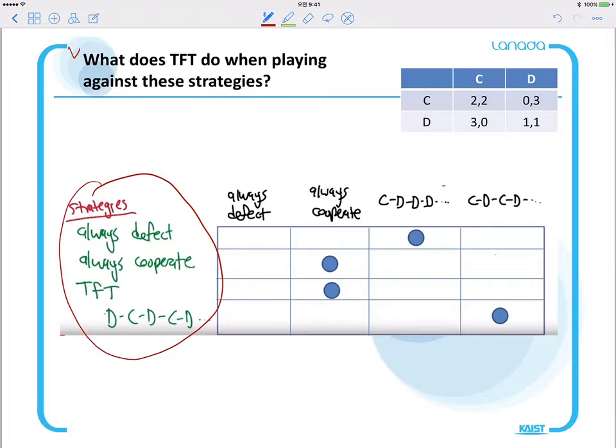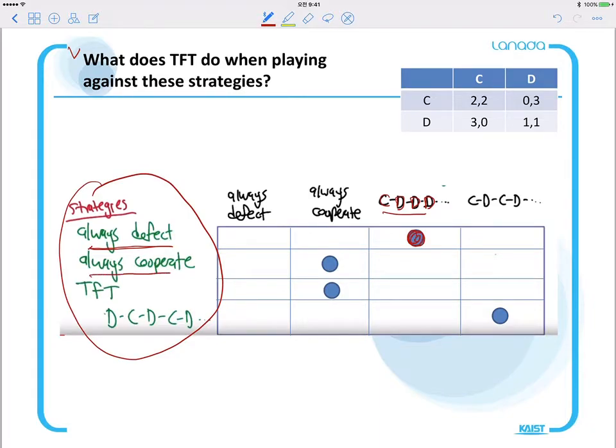I'm just going to describe how Tit for Tat behaves. When my opponent's strategy is D D D D D, I start with C, and then I'm going to copy my opponent's strategy. So that should be C D D D D D, right?